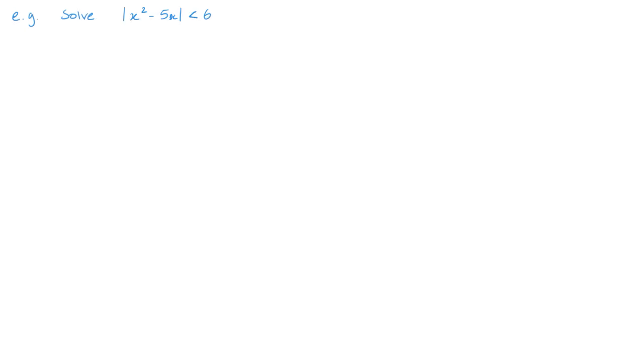So here we have the modulus of x squared minus 5x, and that is going to be less than 6. So what I'm going to do is sketch two graphs: y equals the modulus of x squared minus 5x, and y equals 6.